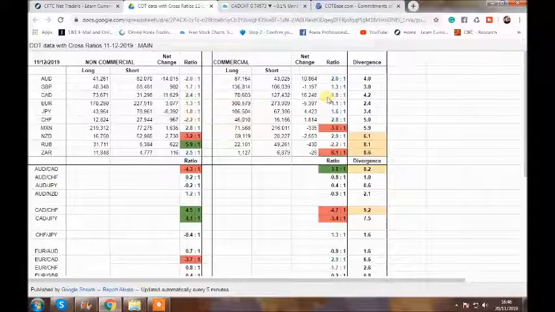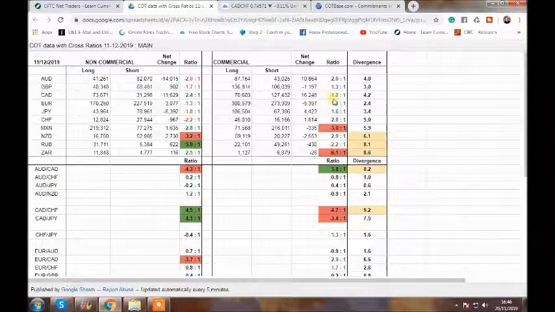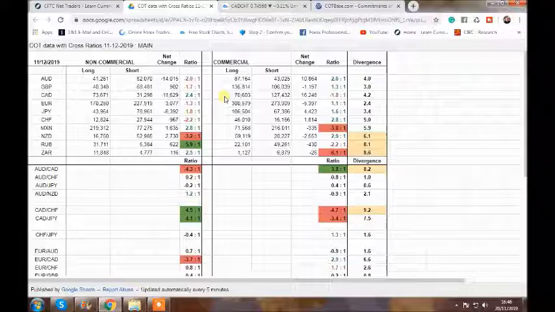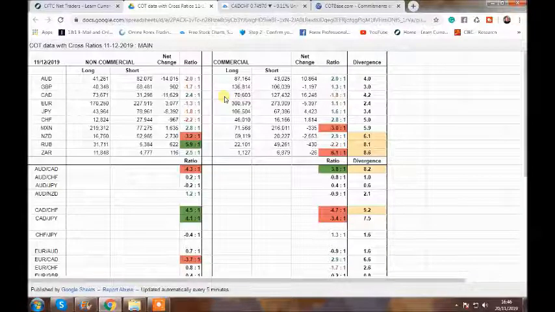Commercials, who've been bullish of the CAD for around 2 years, went right against the speculators at the same time, turning from bullish to bearish, 1.8 to 1 in terms of bearish bets over bullish. We do a divergence between the two groups. It's 4.2. It's not a really big divergence, but it's the rapid change in positions and view that interested us, which made us go long the USD CAD. That's doing quite nicely at the moment. Go and look at the chart.